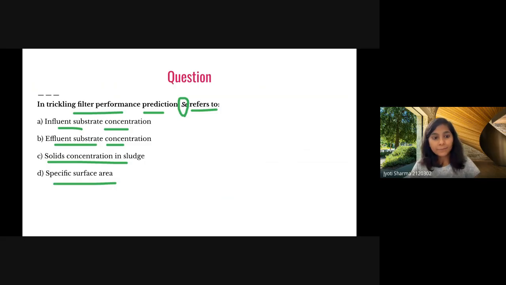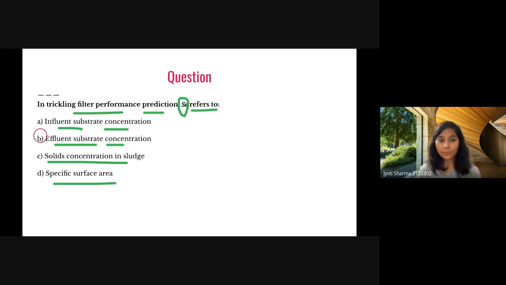From the first word and second word, I think you can guess something about this. Any guess? What does this SE mean? Okay, Venkateshwara gave me B. Yes. So this is the effluent substrate concentration.